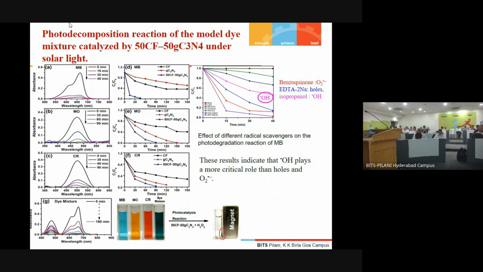Different chemicals are there for different radicals. If a radical, say OH dot, is responsible for the degradation reaction and you scavenge it, the reaction will be prolonged. So we added benzoquinone, the O2 minus scavenger, disodium EDTA for holes, and isopropanol for OH dot, and we have seen that OH dot is more responsible for this.